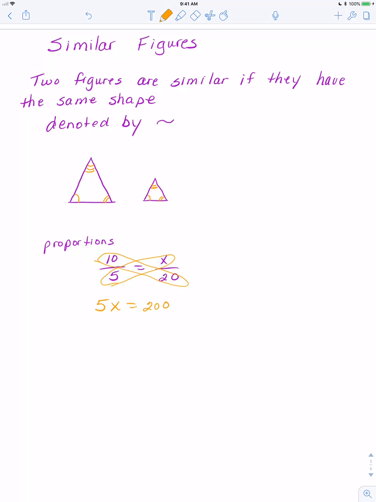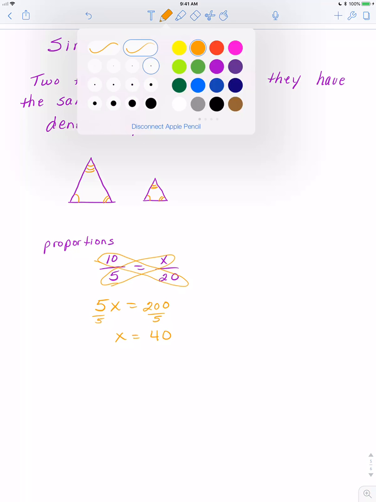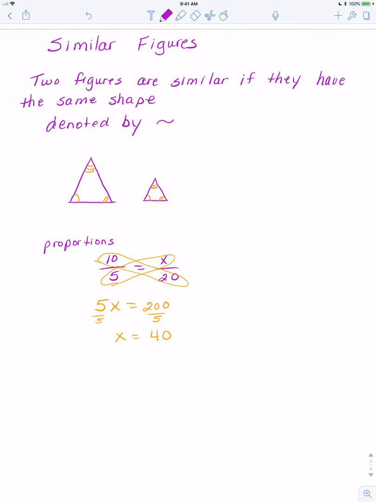To solve that, you divide both sides by 5, so x would be equal to 40. That proportion then would be 10 is to 5 as 40 is to 20. It's like reducing or enlarging those fractions. The proportion is still the same; you just made something bigger or smaller, whichever the case may be.